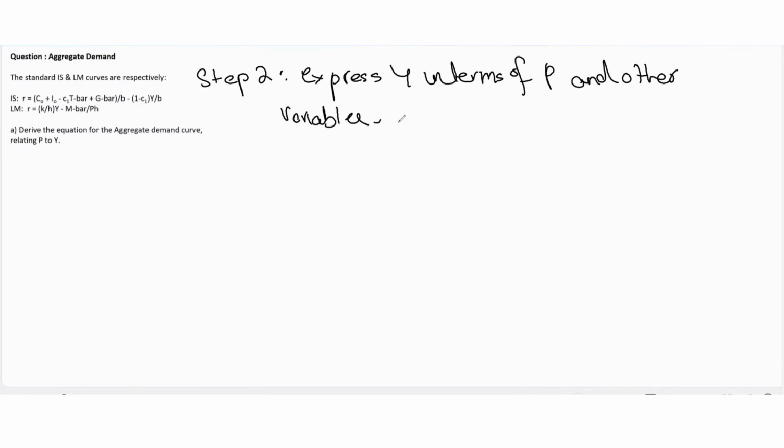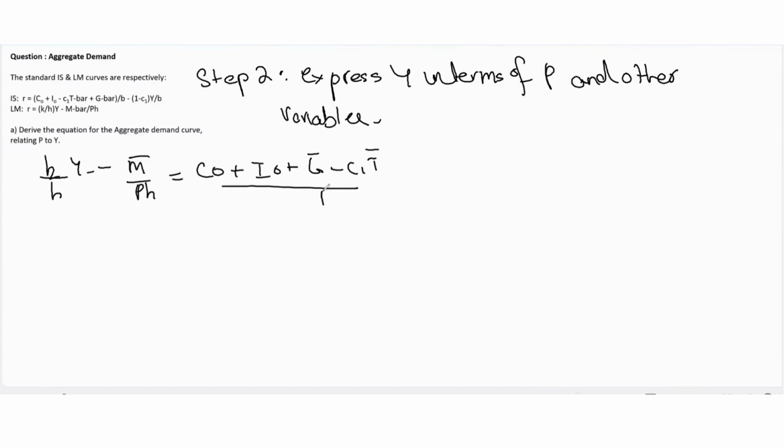So we simplify that. What we had was this: k by h Y minus M bar by P h, this was the LM equation, and then we had (C naught plus I naught plus G bar minus C1 T bar) divided by b, minus (1 minus C1) by b Y. So we collect the Y terms on one side.